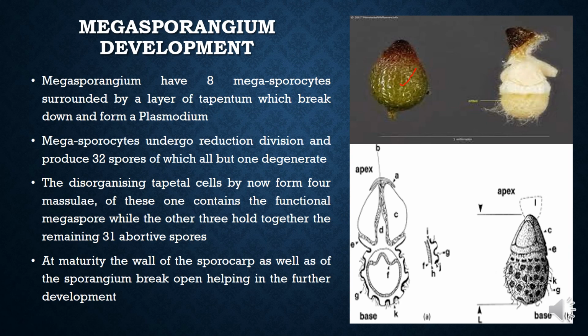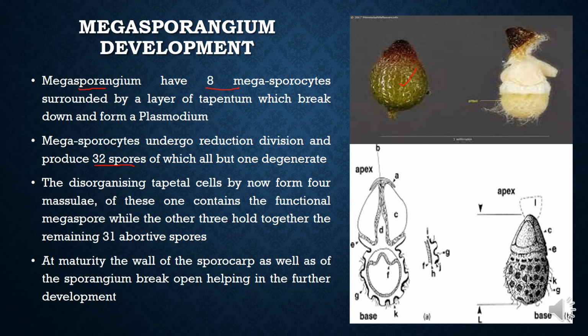Note that in Azolla, any megasporangium initially produces 8 megasporocytes. These 8 megasporocytes in turn produce 32 megaspores.